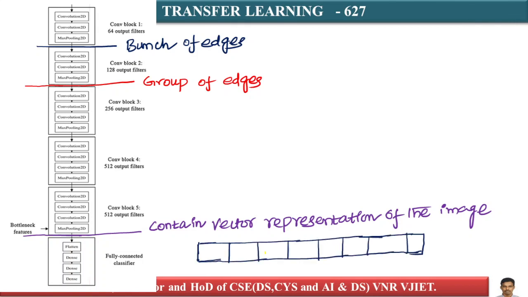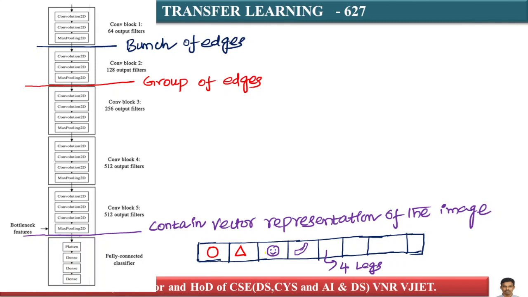a vector representation of the image, which could say: does this image contain a circle, does this image contain a triangle, does this image contain a cat or cat-type faces, or a tail, does this have four legs, and so forth.